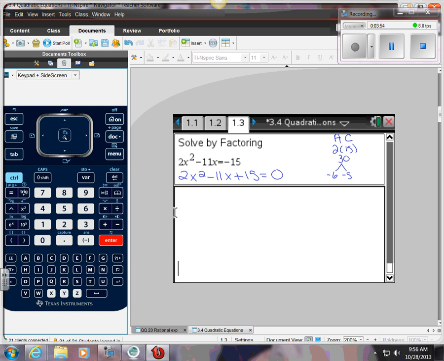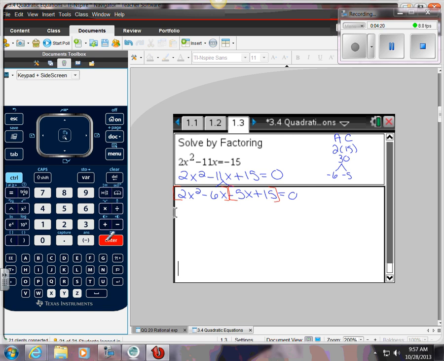Okay, now what? Good. So what I've done is I've broken up that negative 11 into negative 6x minus 5x. Okay. All right. Split it. So first half, second half.